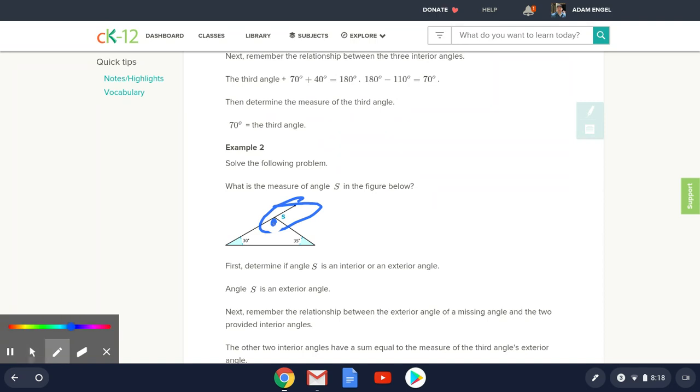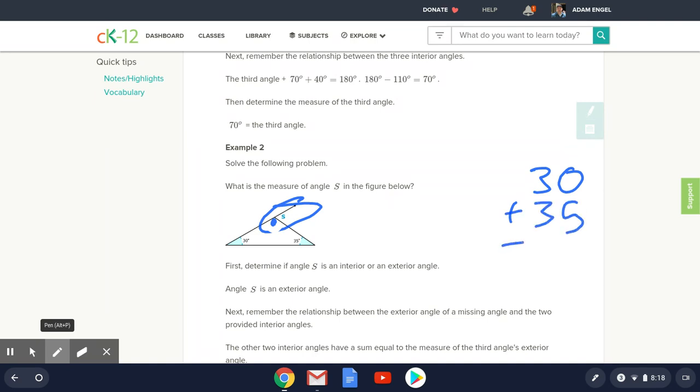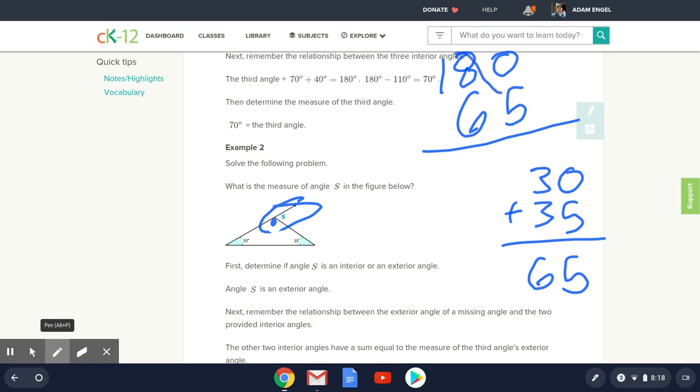So let's figure it out, all triangles add up to 180, right? So what's 30 plus 35? 65. And what's the difference between 65 and 180? 115 degrees. So that equals 115 degrees.